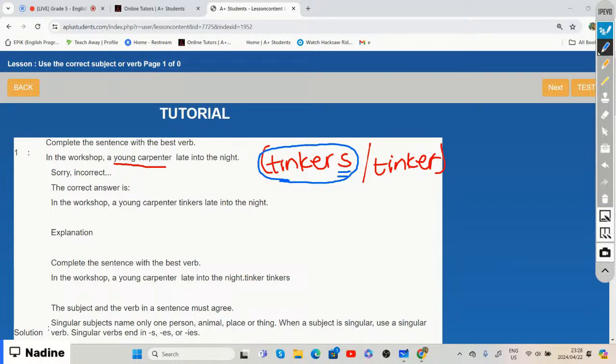Oh, so tinker is like, for example, you're traveling from one place to another place. It's like you're working, but you are traveling from one place to another with your tools while you're working.